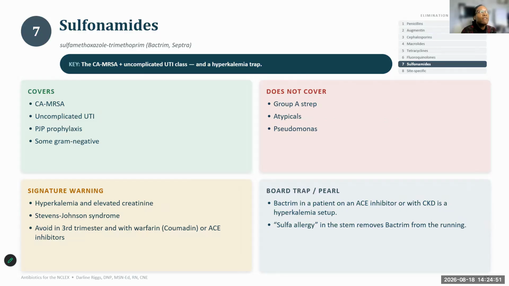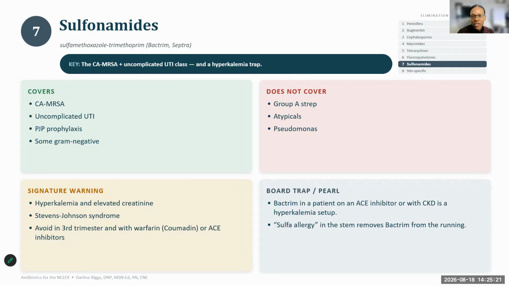All right, your sulfonamides. Bactrim covers community-acquired MRSA and uncomplicated UTI. That's a test question that they love to ask. It doesn't cover group A, doesn't cover atypicals, doesn't cover pseudomonas, okay?